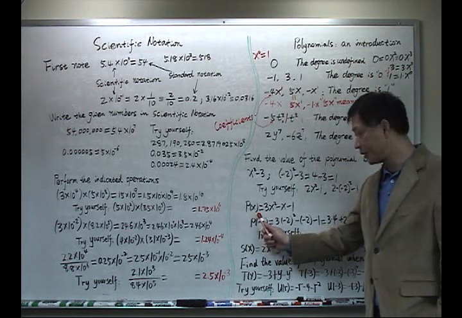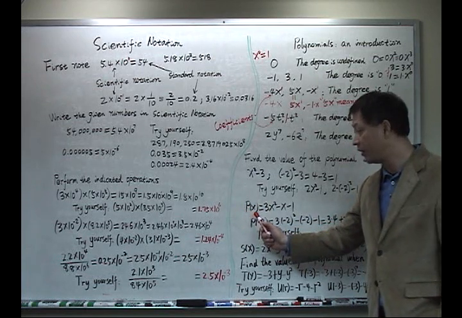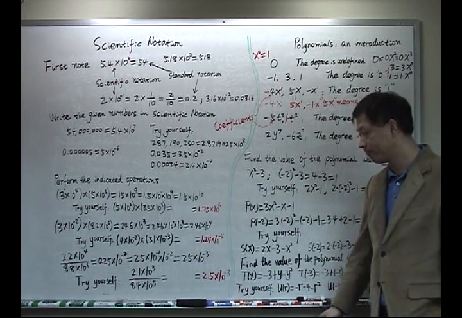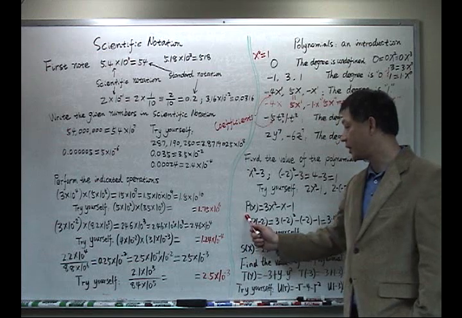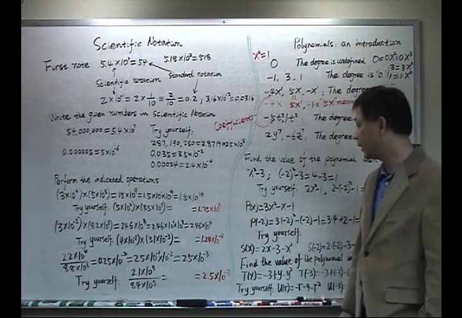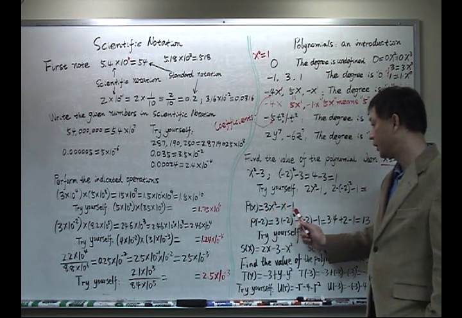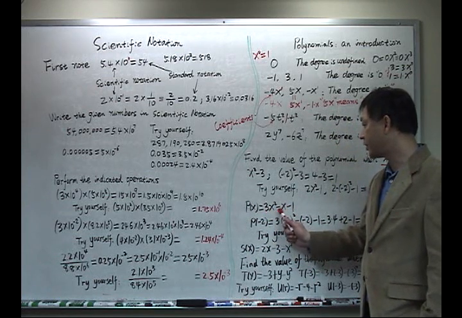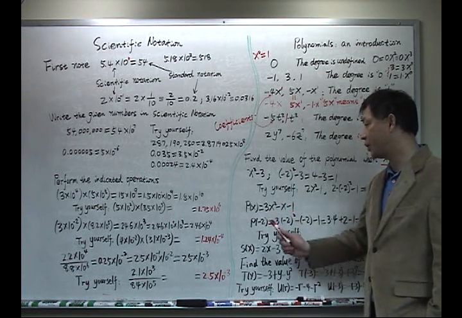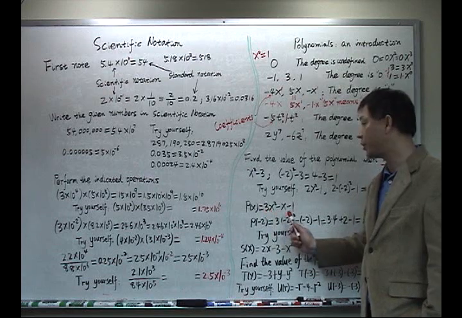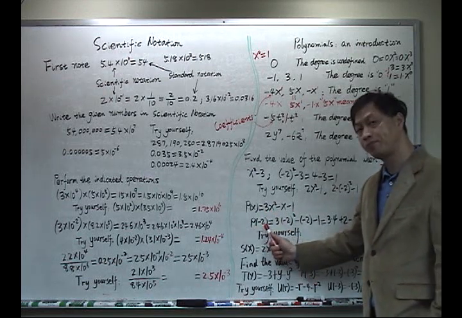P of x stands for a polynomial with variable x. It doesn't mean P times x here. P stands for polynomial. Now, the variable is x. Here, negative signs separate 3 terms. In this case, we say it is a trinomial. Now, plug in negative 2 here.